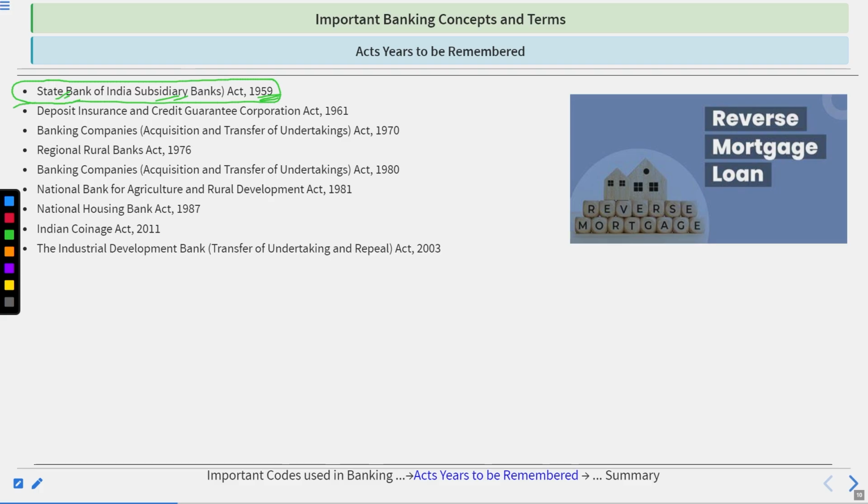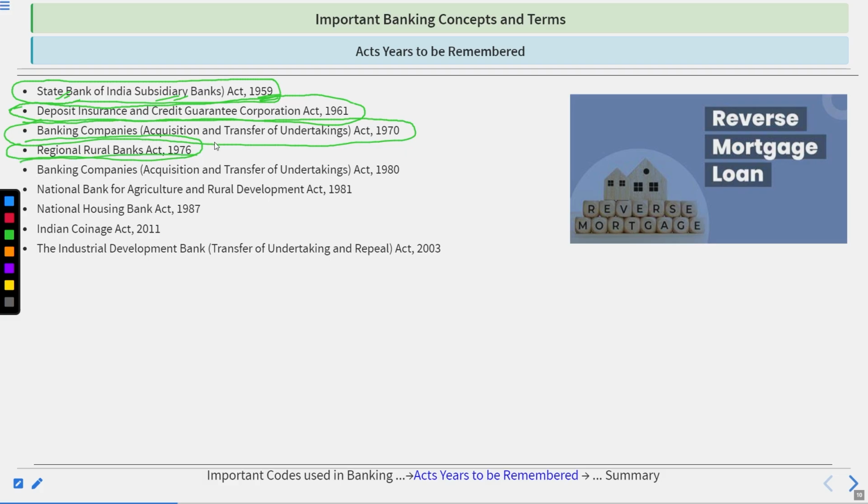Then we have Deposit Insurance and Credit Guarantee Corporation Act 1961. Banking Companies Acquisition and Transfer of Undertaking Act 1970. Regional Rural Banks Act 1976, also known as RRBs.